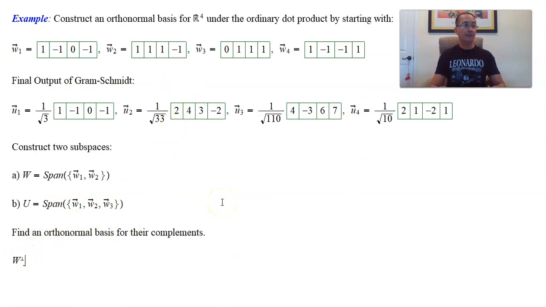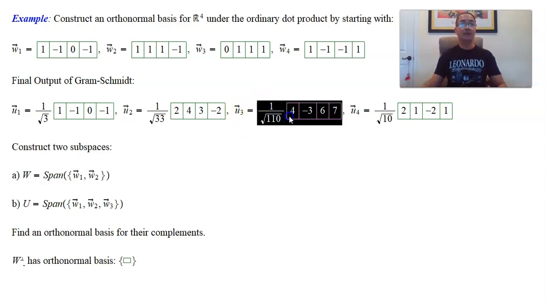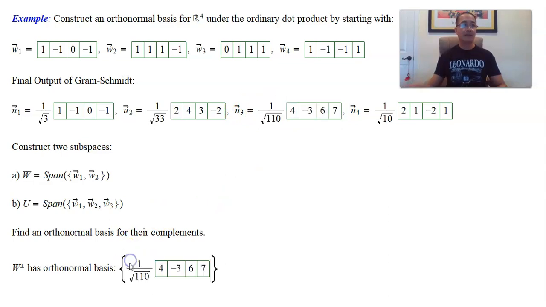So W perp has orthonormal basis. All we have to do is copy U3 and U4. That's it. We have done the hard work when we did the Gram Schmidt algorithm. There you go. That's all you have to do.